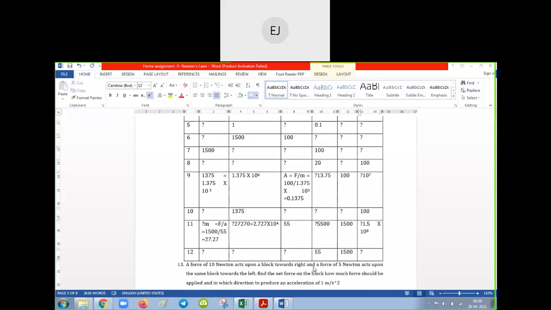Sir, in dyne, it is 1.5 or 15? 15 is greater than 10, na? That is not standard form, na?